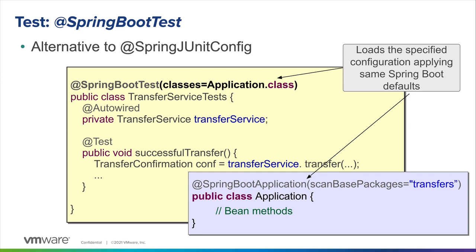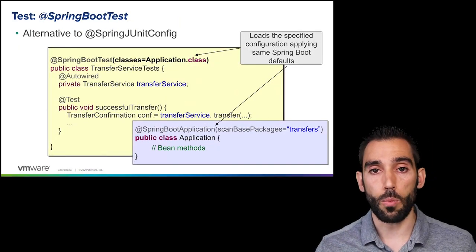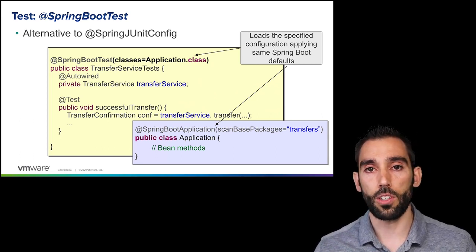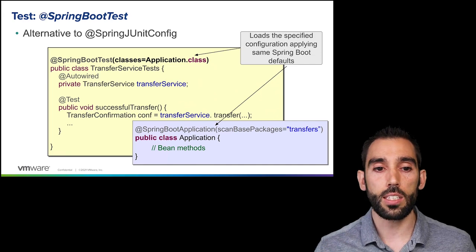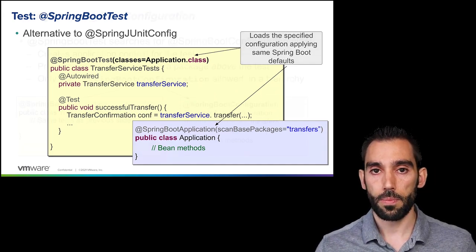Now, the application context will be created the same way as a Spring Boot application, with the same configuration, the same auto configuration, picking the application.properties, everything that a Spring Boot application will do for you. In terms of testing, you'll be testing your classes the same way. You'll be autowiring beans from the application context and using them in your test. Nothing changes. We are just changing the annotation that will change the way we create the application context.